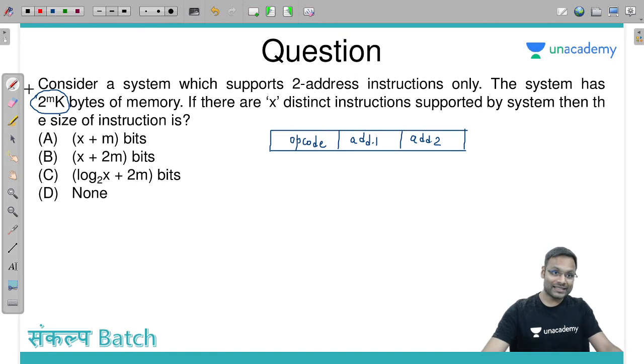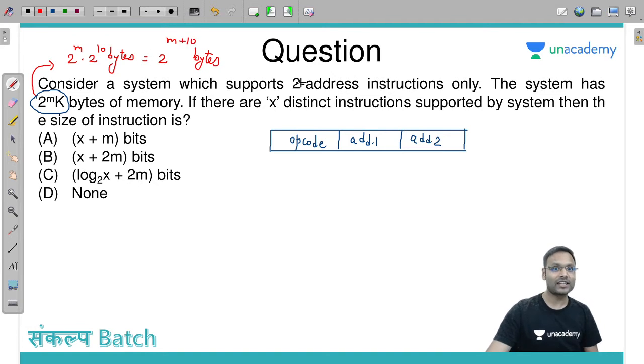If we have memory size this, which we can write as 2 power m into 2 power 10 bytes, or we can write it as 2 power m plus 10 bytes. In that case, can you tell me the address size will be how much? Address size will be m plus 10 bits, and here also the other address will be of m plus 10 bits.